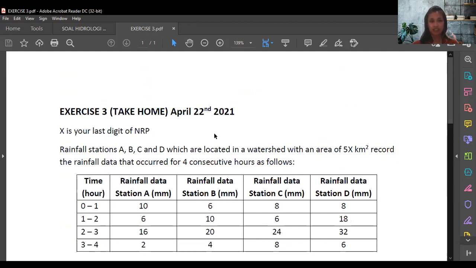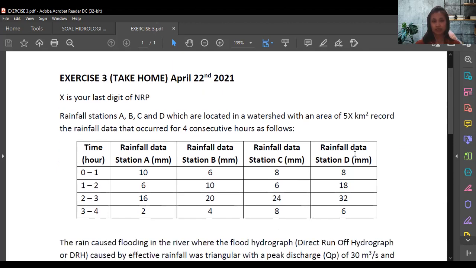So for this exercise, there are differences between each of you, depending on your last digit of NRP. Here, X is your last digit of NRP, but the difference is only in the watershed area.